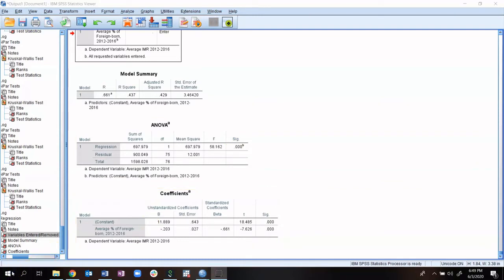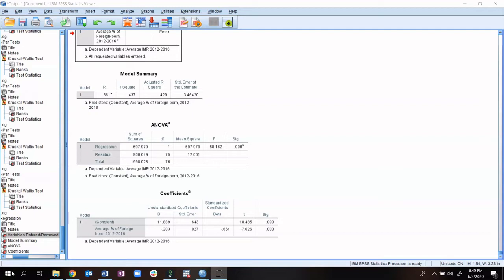So what we have in this final part of the table is a constant, the unstandardized beta for that, which we don't really spend a lot of time talking about. We don't explain it. It would be useful if we were going to be writing out regression formulas. That would be the starting point.